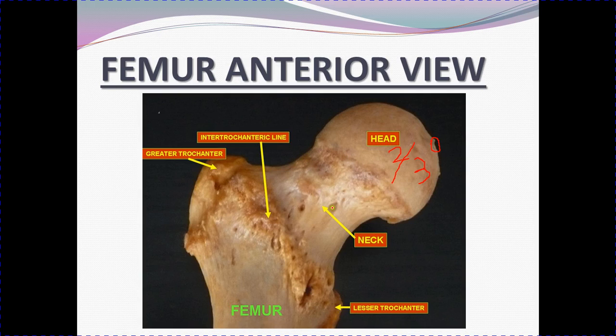The narrow constricted region below the head is called the neck of the femur. The neck connects the head with the shaft. It has an anterior surface and a posterior surface. It has an upper border and a lower border. The neck meets with the shaft anteriorly at the intertrochanteric line. You can clearly see the intertrochanteric line.